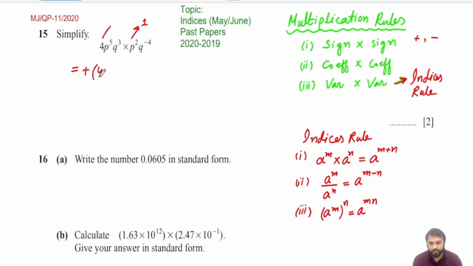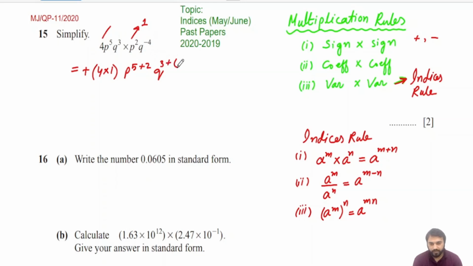And coefficient 4 into 1, variable into variable, p raised to power 5, and we apply the index rule. P raised to power 5 into p square, we write the base one time and add the powers, p raised to power 5 plus 2. The second is q raised to power 3, and here q raised to power minus 4.